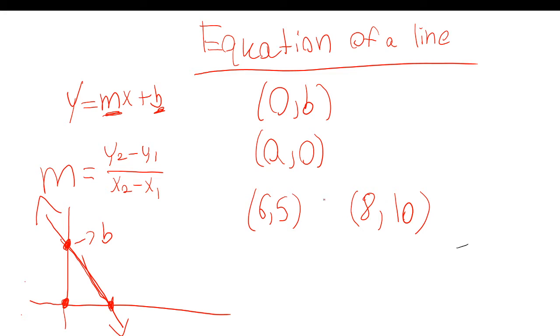If I want to find the midpoint of these two points, I see what I'm increasing the x value by. I'm increasing the 6 by 2 to get to 8. Since I want the midpoint, I take the 2 and cut it in half, right?